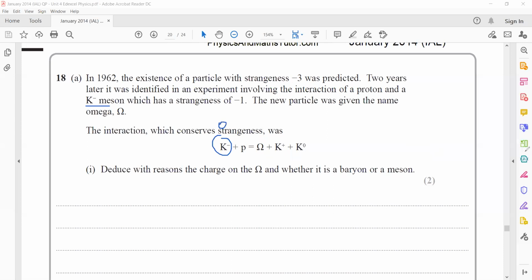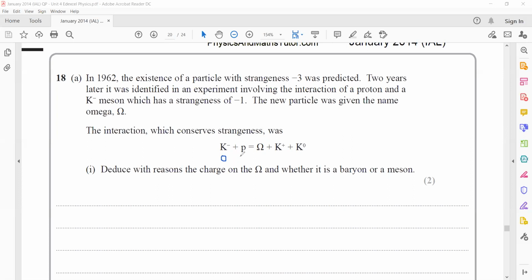For each quark, the baryon number is +1/3, and for an anti-quark the baryon number is -1/3. A meson is a combination of quark and anti-quark, so meson baryon number is always 0. So kaon is a meson, baryon number 0.